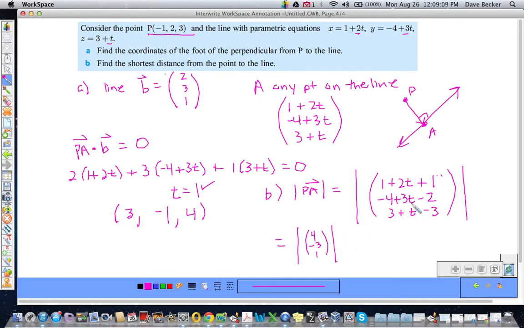And that is equal to the square root of all of those guys squared. 4 squared plus negative 3 squared plus 1 squared is equal to the square root of 26. So we don't have units. Find the shortest distance from the point to the line. That is going to be the square root of 26 units.